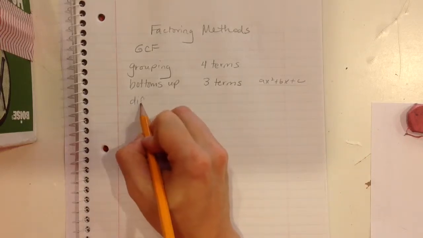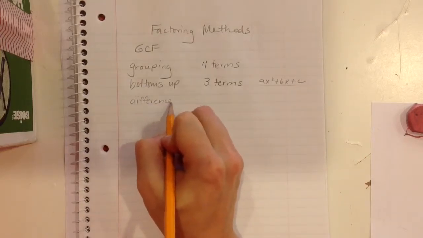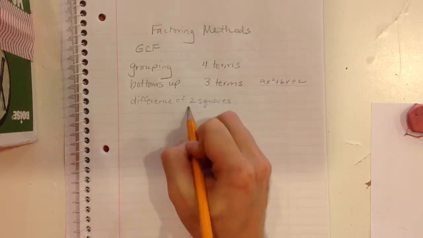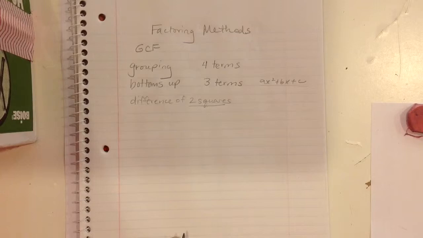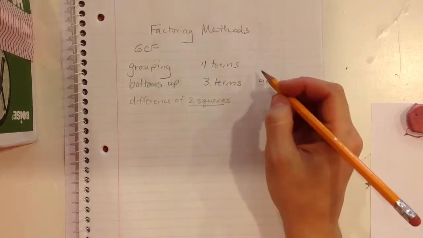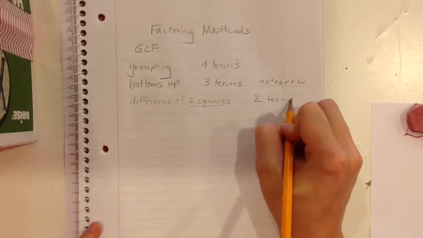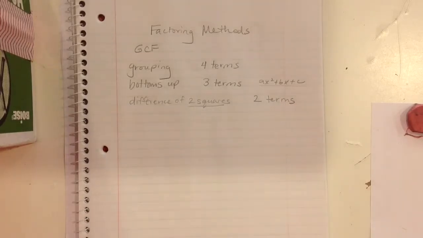Then we talked about the difference of two squares. And the difference of two squares actually gives away how many terms in the title of its name. So you can only do difference of two squares when you have 2 terms, a binomial. And remember, it has to be the square root of the first and the last, and you have to have a minus in it.